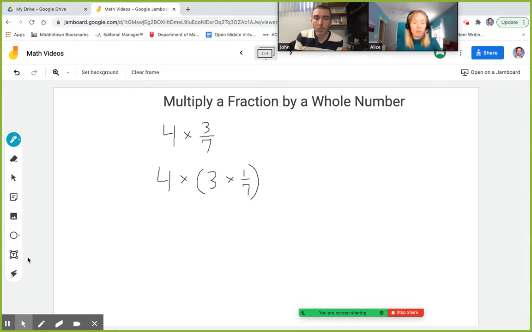Now, by the associative property, we can regroup and multiply our whole numbers together. So 4 times 3 is 12, and 12 sevenths gives us 12 over 7. Perfect.